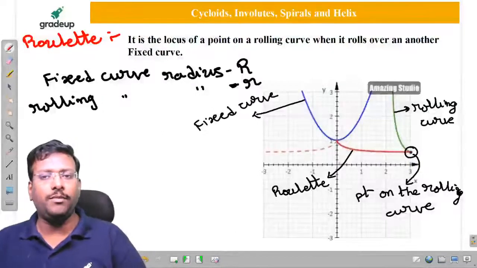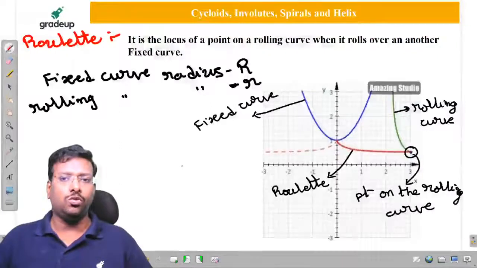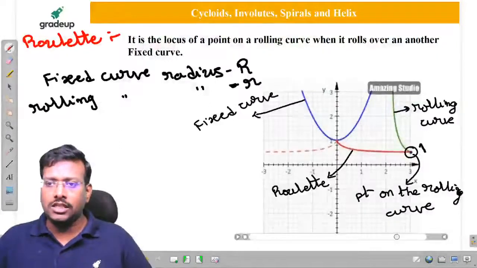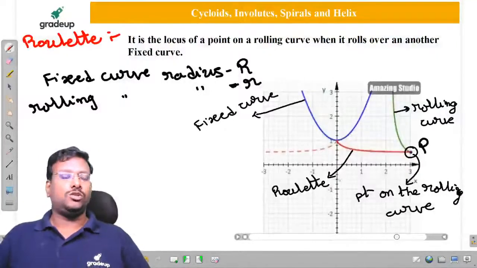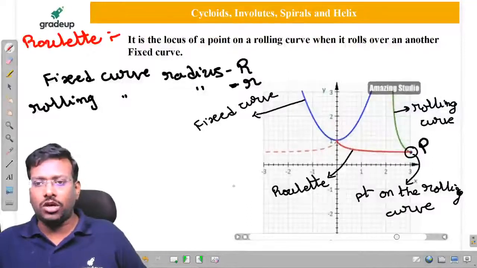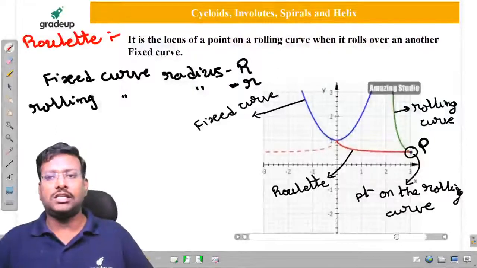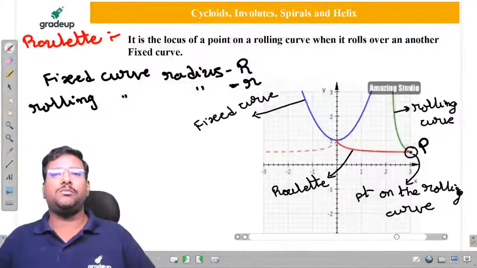Is it clear to all of you, my dear friends? And one more thing, the point for which we are taking the locus is considered as the point P.